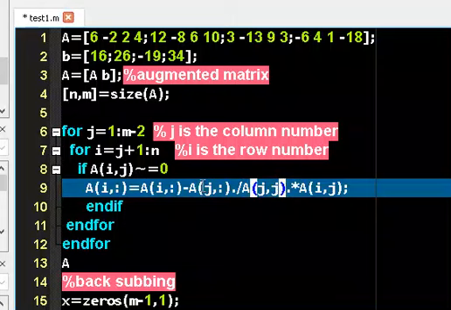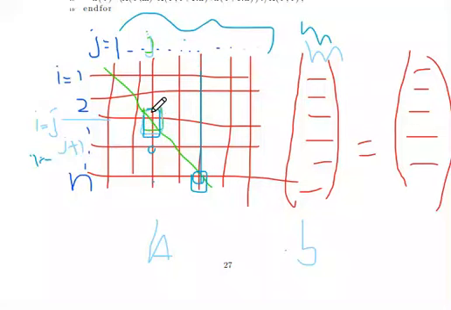So you divide the entire row by the value of this element, j comma j. Then this element becomes 1 when you divide the entire row by this number.